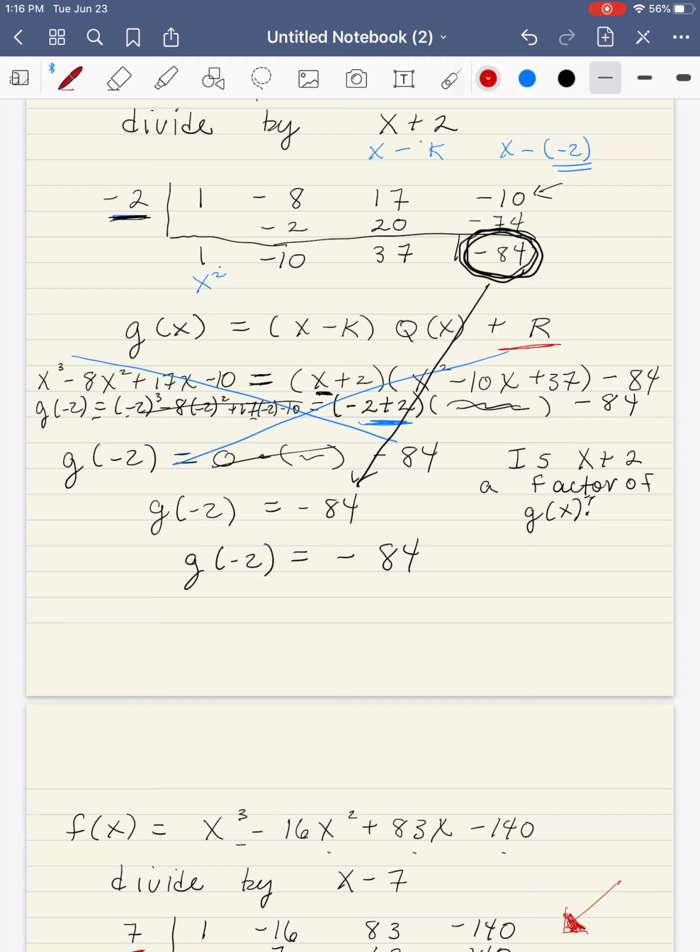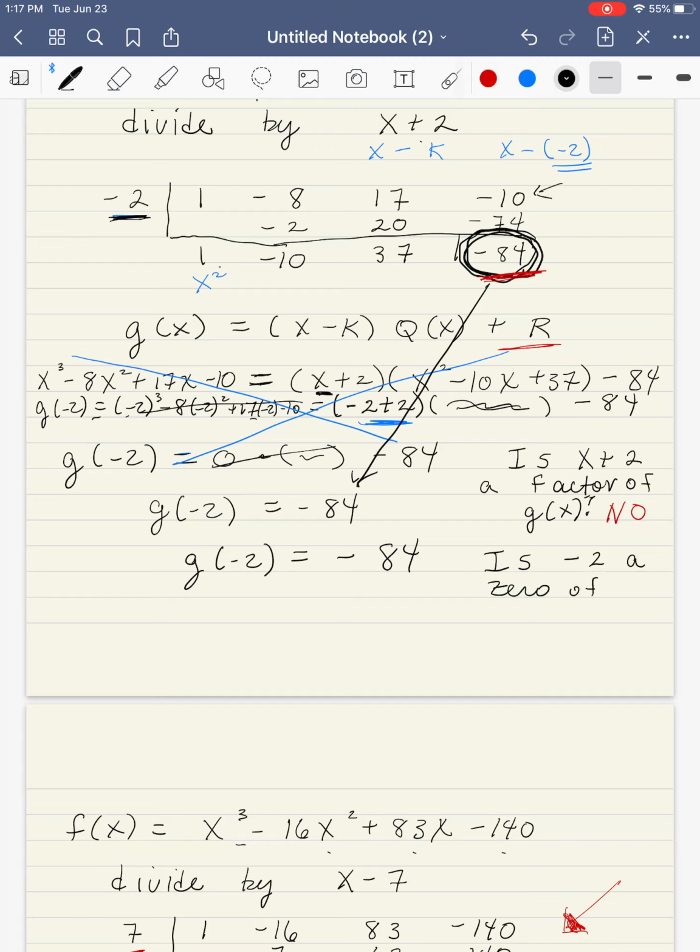We can see whether it divides evenly or not by determining whether there is a remainder. And we see on this one, we do have a remainder, and it is negative 84. So that tells me no. x plus 2 is not a factor of g of x because I have a non-zero remainder.